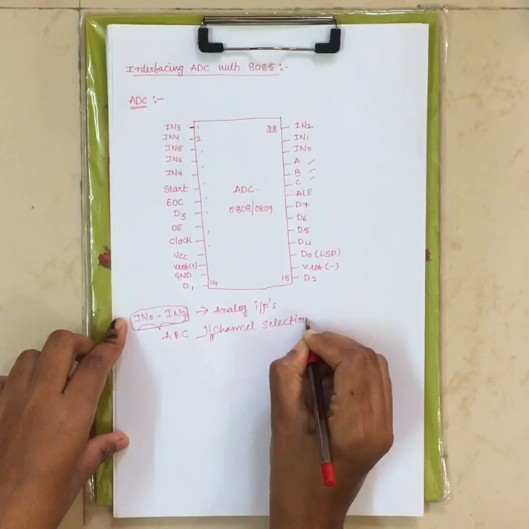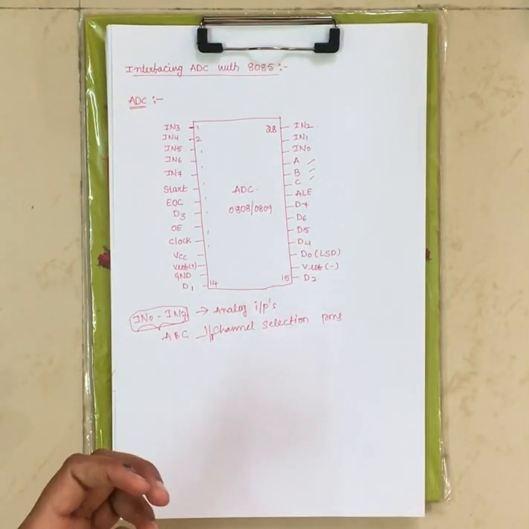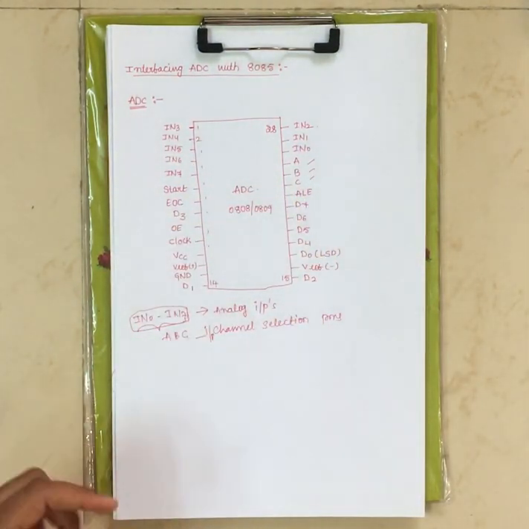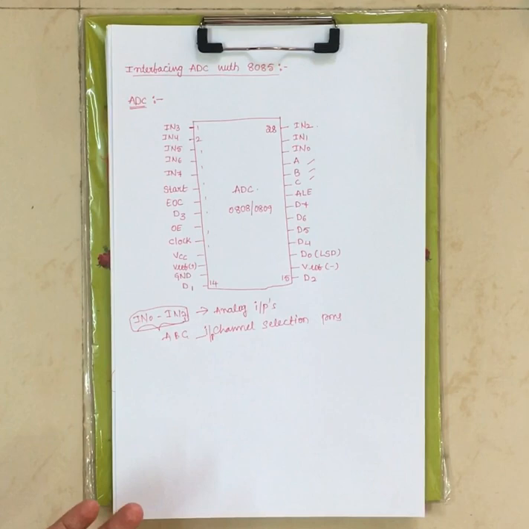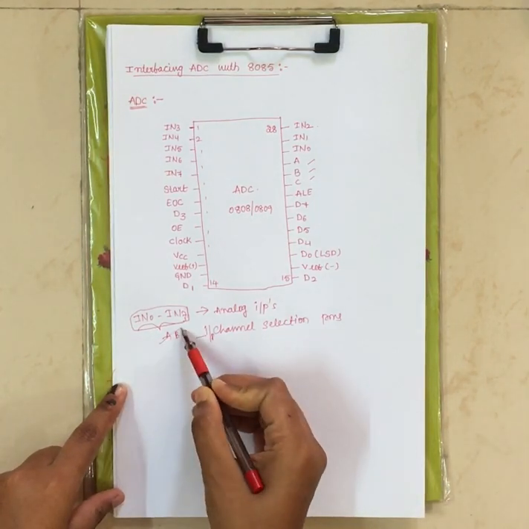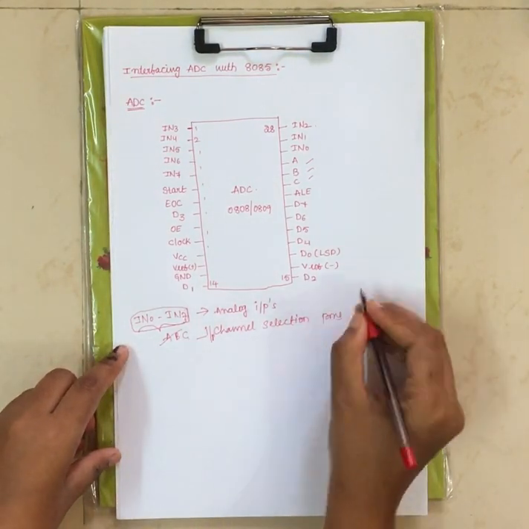Using the different values of ABC, we select one particular analog input pin, either IN0 or IN1 or IN2, out of the 8 available analog inputs. These we call channel selection pins.